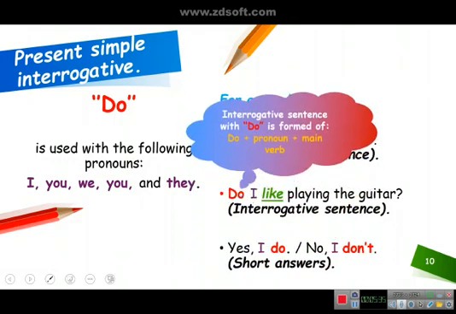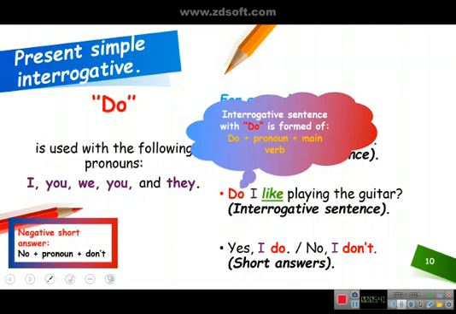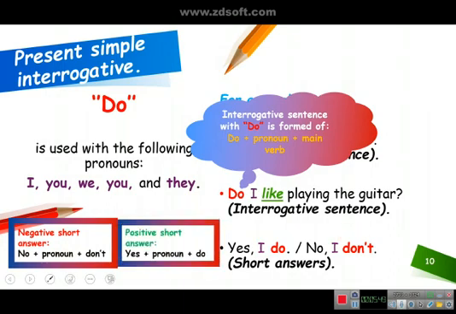Interrogative sentence with do is formed of do plus pronoun plus main verb. Negative short answer is formed of no plus pronoun plus don't. No, I don't. Positive short answer is formed of yes plus pronoun plus do. Yes, I do.